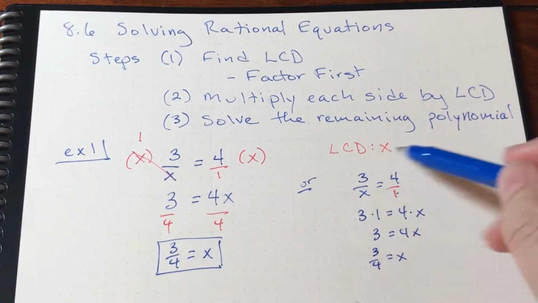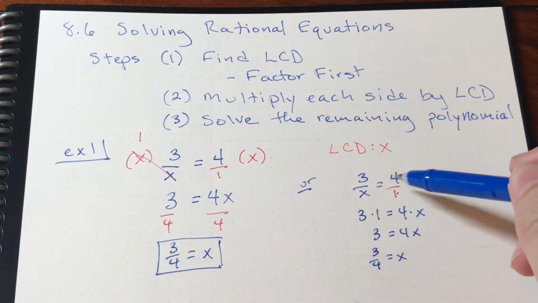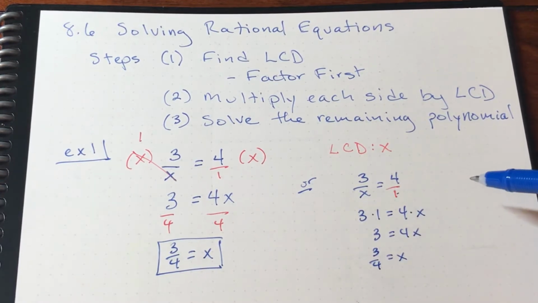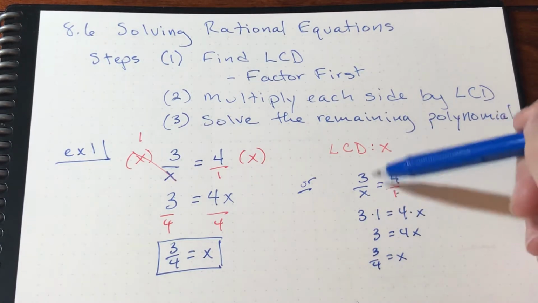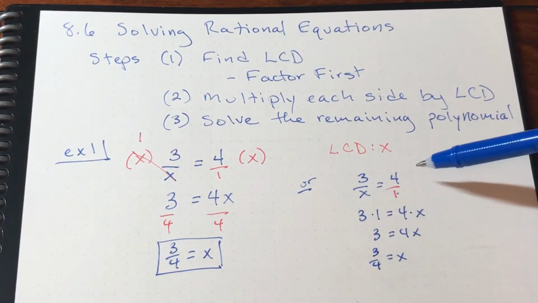The danger in cross multiplication is when people don't understand why it works, they just start cross multiplying anytime they see fractions, and we can't do that. It only works when we have a fraction equals a fraction. That's the only time we cross multiply.